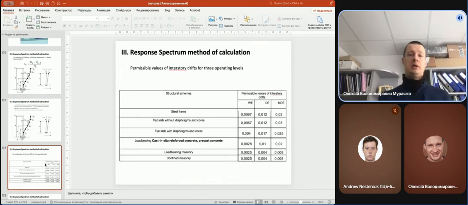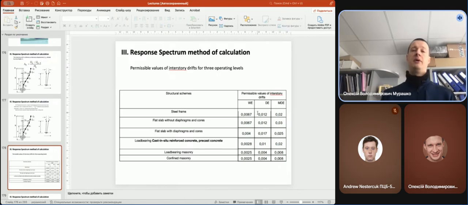And within international codes, and also in Ukrainian codes, we have the limit values of these drifts, according to which we can assess the behavior, the quantity behavior of the building. For example, when we are talking about steel frame buildings, during a weak earthquake, when we have an interstory drift value less than this number, it gives us the opportunity to anticipate that just after the earthquake, people can return to their homes.